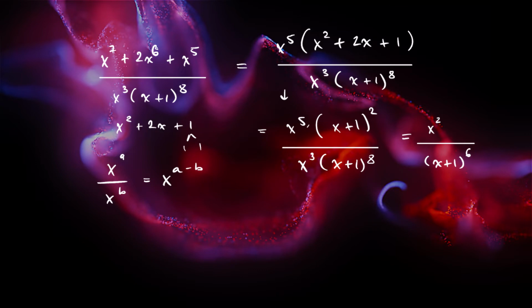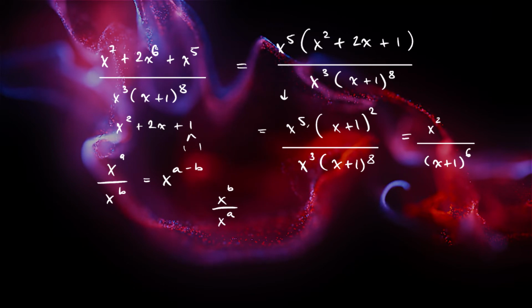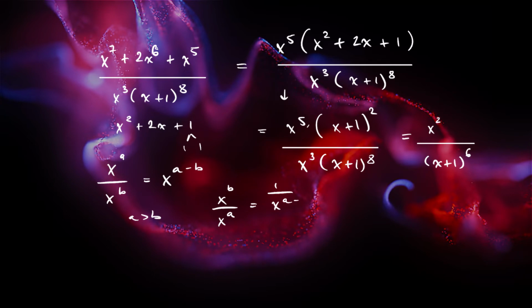The reason for that is, let's assume that we have x to the power of b divided by x to the power of a, where a is bigger than b. Then this is going to be equal to 1 over x to the power of a minus b.